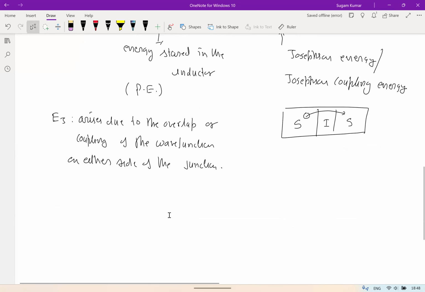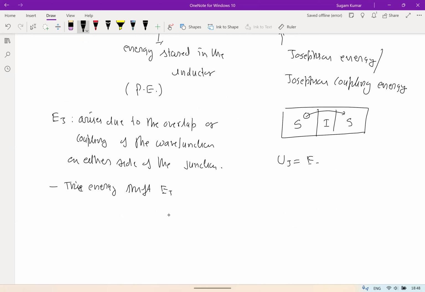This is very important to note down: the energy shift, that is the EJ, because if you look at the equation, UJ is EJ (1 minus cos phi).